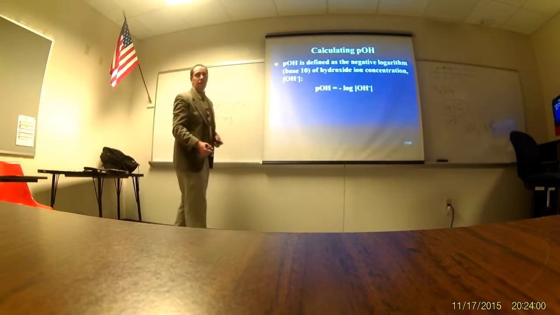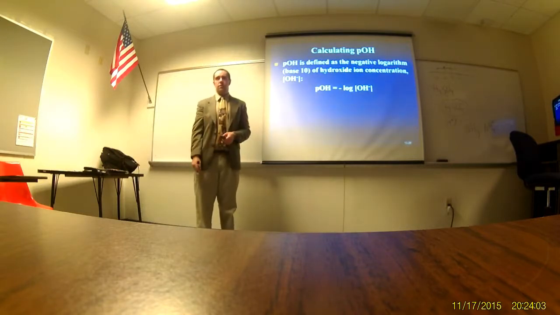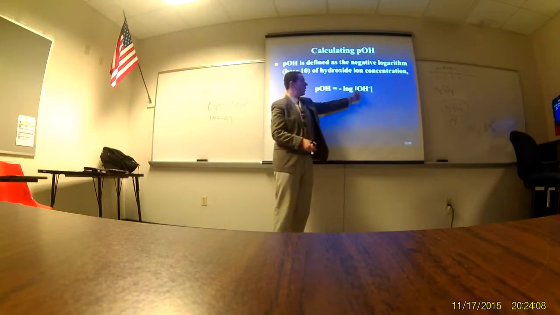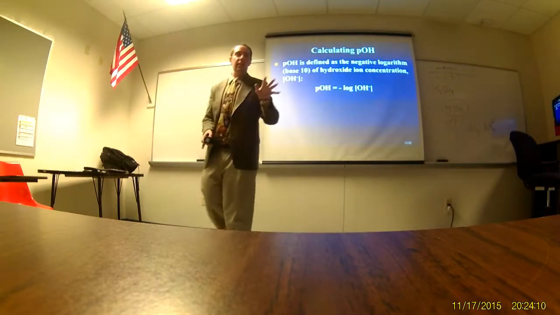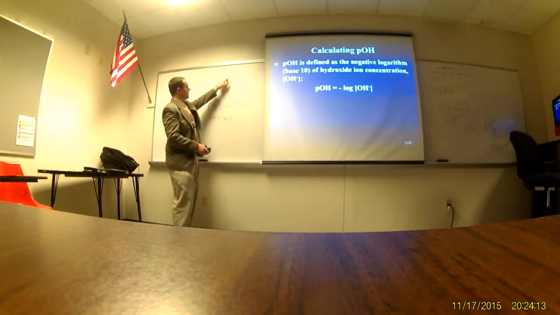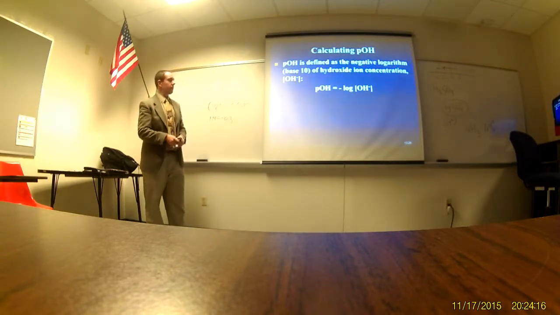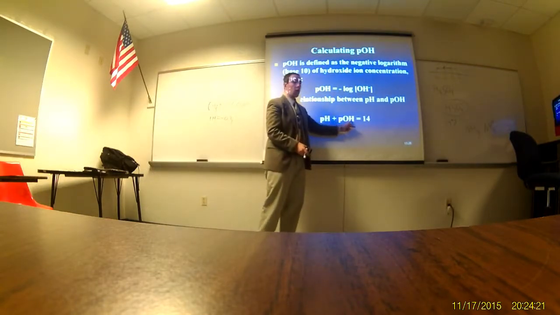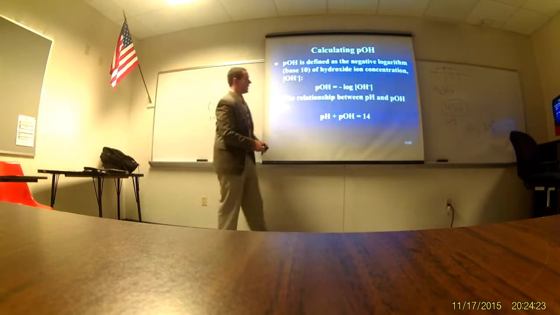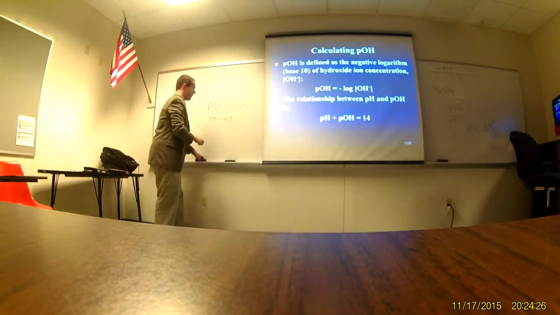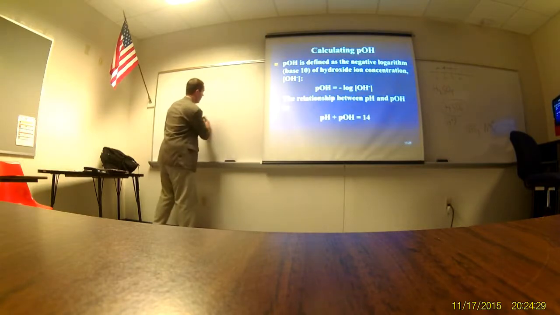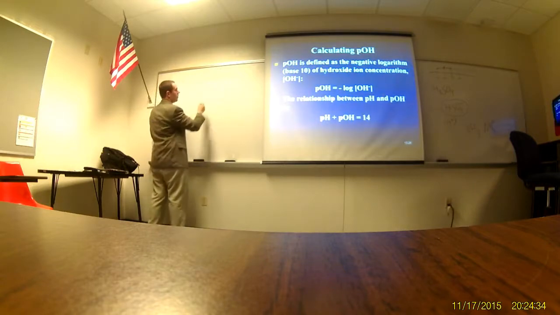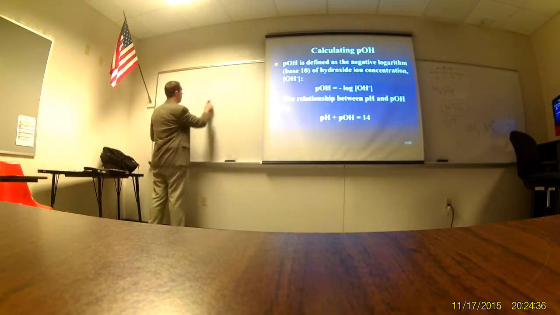Not only do we have pH, we also have pOH. It's the same exact equation. pOH is the negative log of OH minus. It works exactly the same, but you're using the OH minus to calculate pOH. And pH plus pOH is equal to 14.